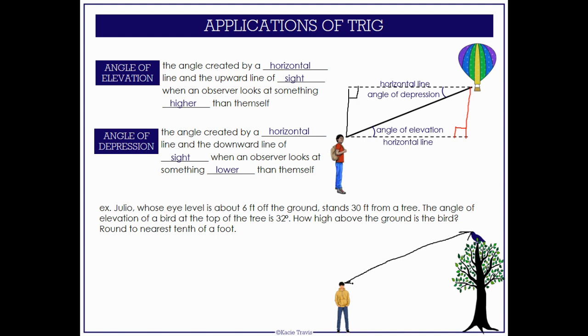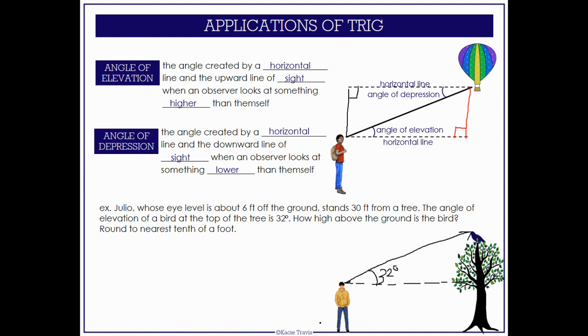That angle of elevation is based off of this horizontal line from him to the tree, and that's how far up he's looking up, 32 degrees. Now, his eye level is 6 feet above the ground, and he is standing 30 feet away from a tree.